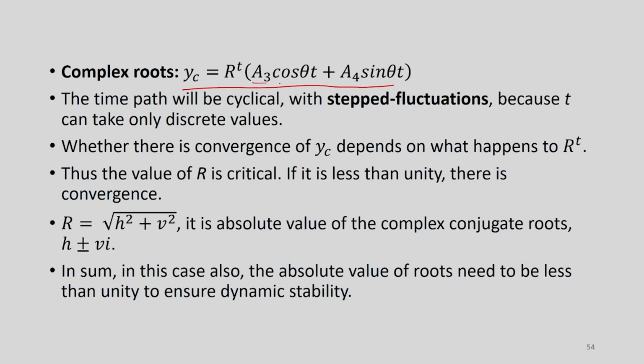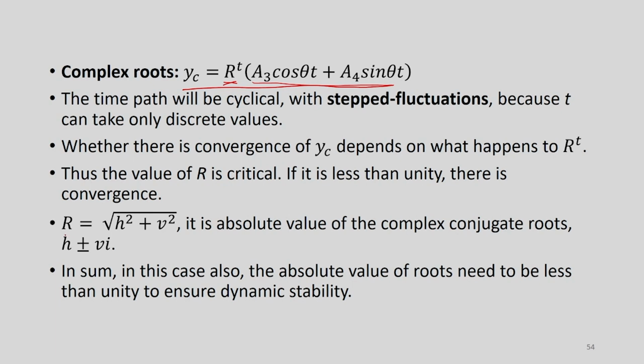So, this within the brackets term is just fluctuating within certain limits. So, the convergence or divergence is purely determined by r to the power t. Thus, the value of r, that is capital R, is critical. If it is less than unity, there is convergence.